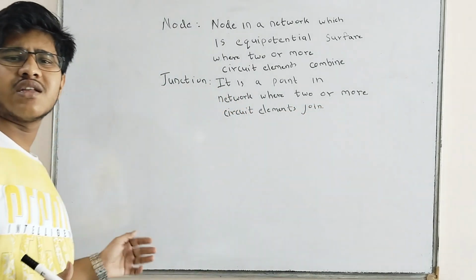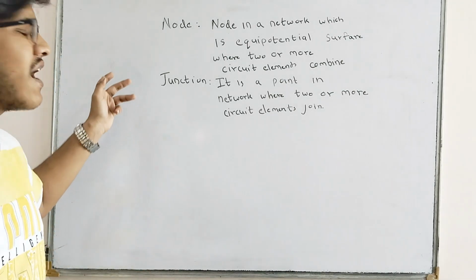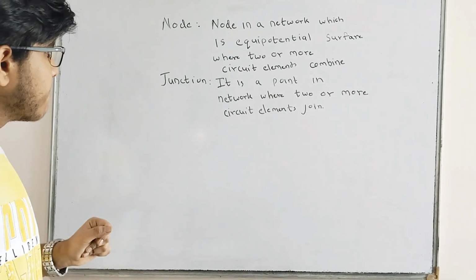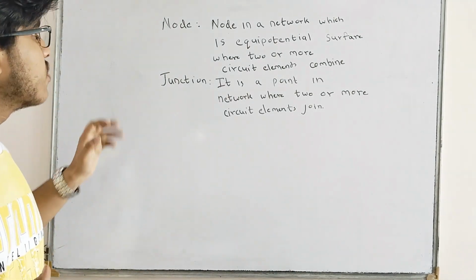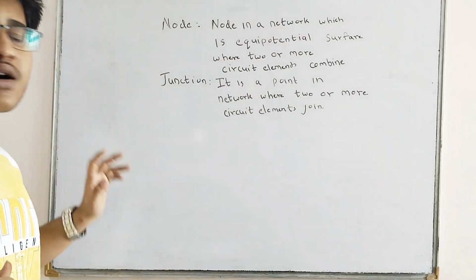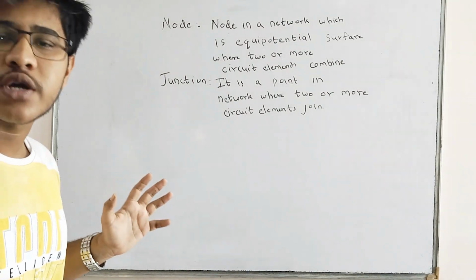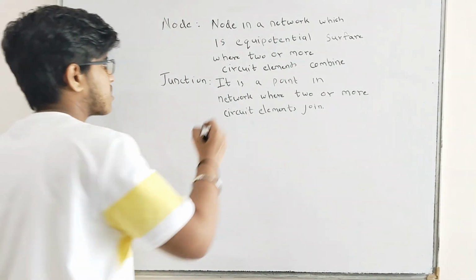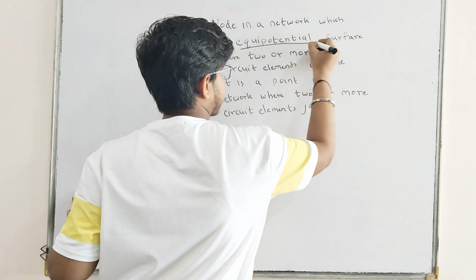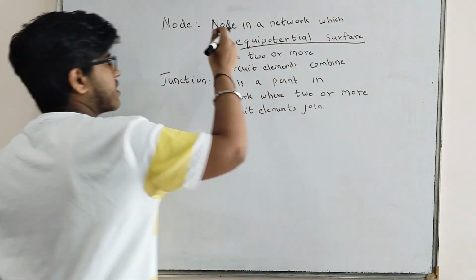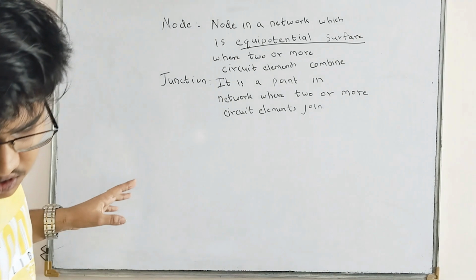At first glance it seems that the junction and node are the same thing, but there is a difference. A node is a point in a network which has an equipotential surface. This is to be noted. This is the main difference between the node and the junction.